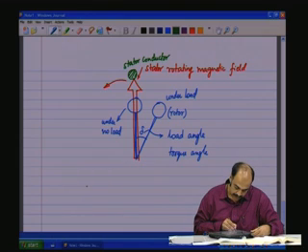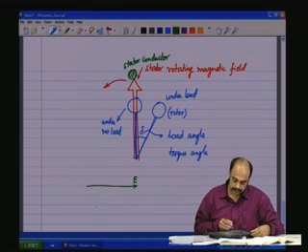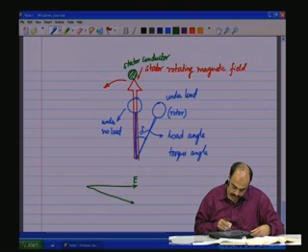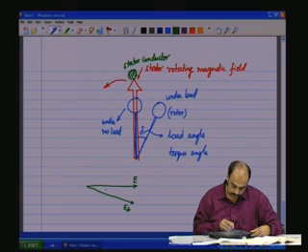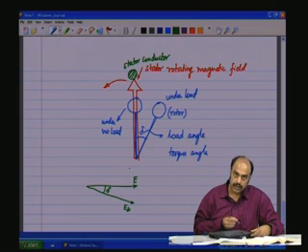Under load, if E were the source voltage, the back EMF will also be of the same amplitude, but it will lag by some angle which is proportional to delta, called the load angle, the equivalent electrical angle of the load.